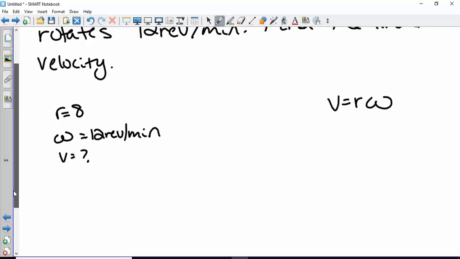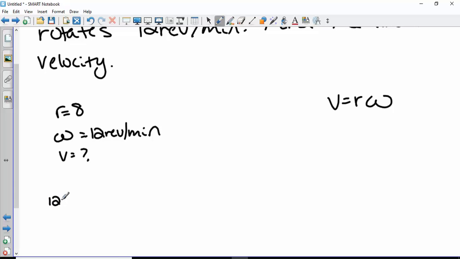So there are different ways of converting this. What I usually write out is 12 revolutions per minute. I don't want revolutions, so if they're on top, to cancel it, it has to go on the bottom. I want radians, so I'm going to put radians on top. 1 revolution is all the way around the circle, so that would be 2 pi radians.